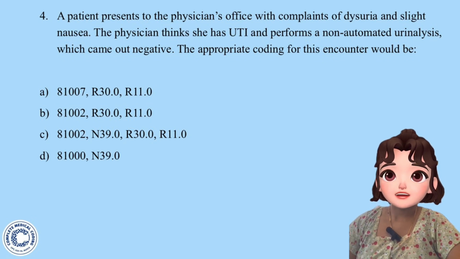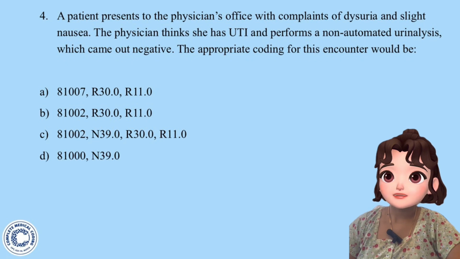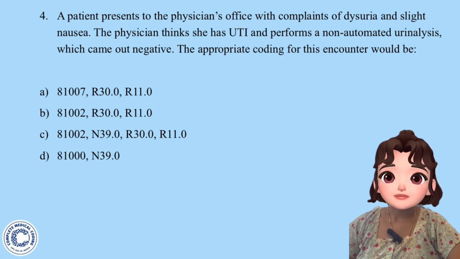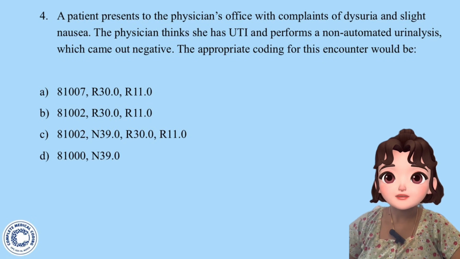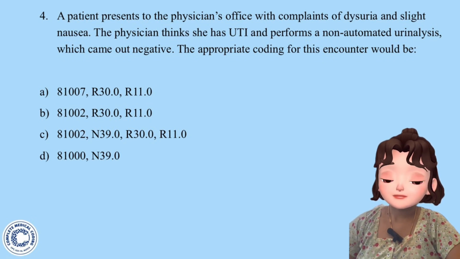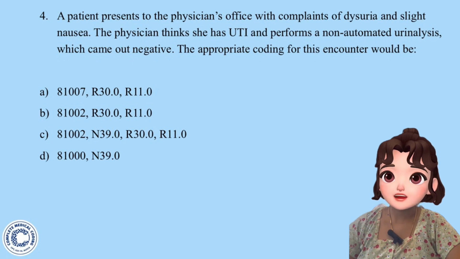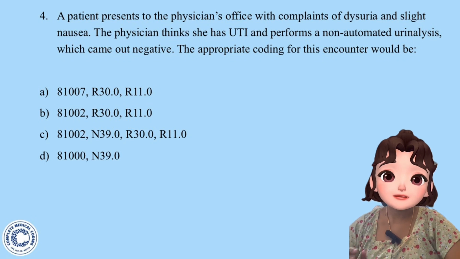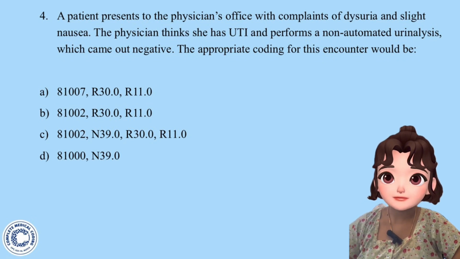So here, this is an important question because such types of questions you might get in either examination or in future in your interviews. Because see, what are the complaints of the patient? Dysuria and nausea. The physician thinking that she might be having UTI, urinary tract infection. UTI means urinary tract infection.